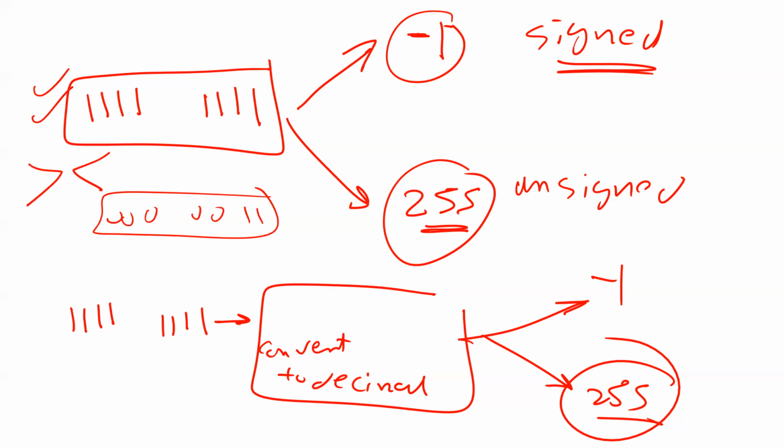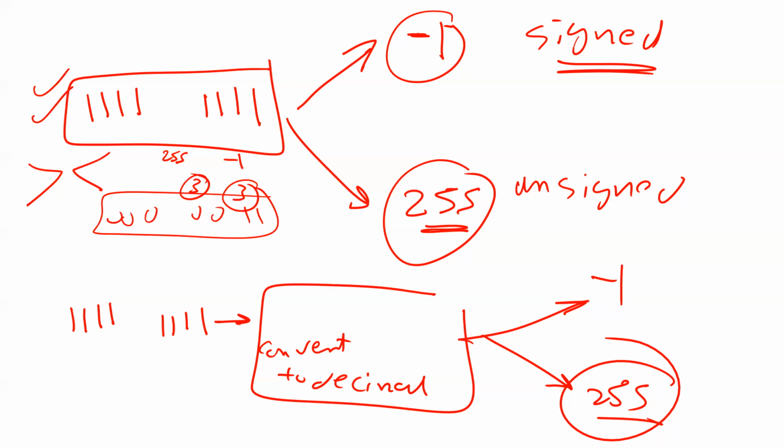It matters if it is signed or unsigned. If it is unsigned, this one is 255 and this is 3, so 255 is greater than 3. But if it is signed, it's -1 and 3, so 3 is greater than -1. You got what I'm saying?